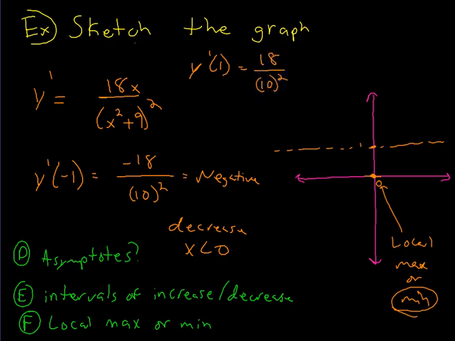Because 1 times 18 is 18, and we already know 1 squared plus 9 is 10. So this is positive, so I know that on the right side it's increasing. So it's increasing when x is greater than 0.